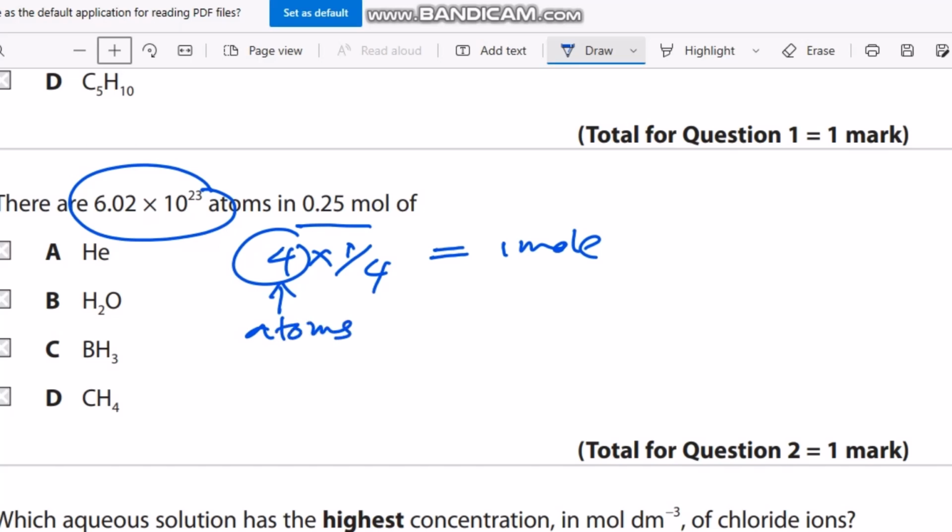This one has only 1, this one has a total of 3. See, BH3 has a total of 4 atoms. So the answer is BH3 because it has 1 B and 3 hydrogens. So 4 into 0.25 gives you a total of 1 mole.